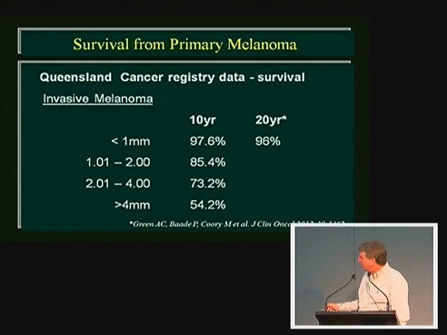So less than 1, this is the 10 and 20 year survival in Queensland. You diagnose this disease early and you've got a great chance of being cured. Even in the worst thickness, greater than 4, it's still 50-50. It's not a death sentence. There are cancers out there that do much worse.